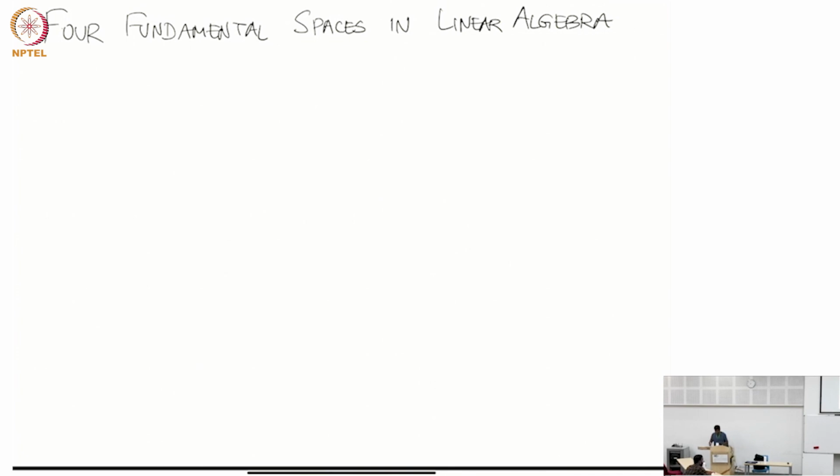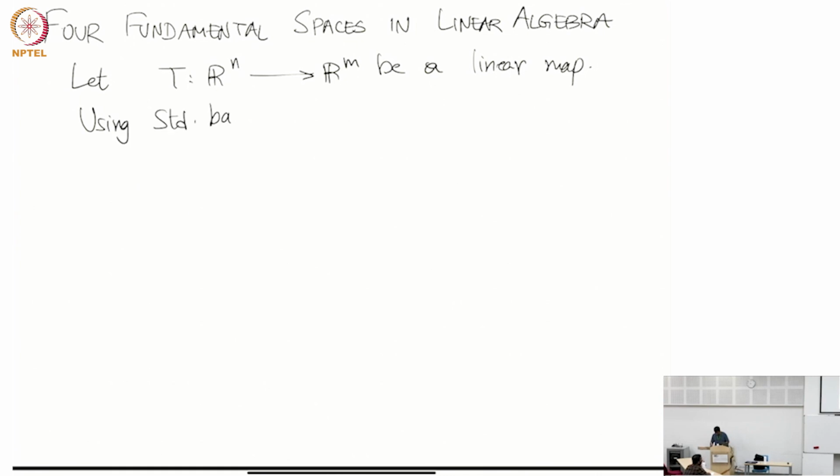Let T from, let's say, Rn to Rm be a linear map, and we know now that such a linear map, because Rn and Rm have standard bases, has a matrix representation. Let A, I will call it A instead of T, because T's are somehow used as standard symbols for linear maps.